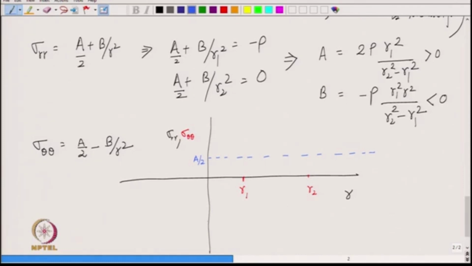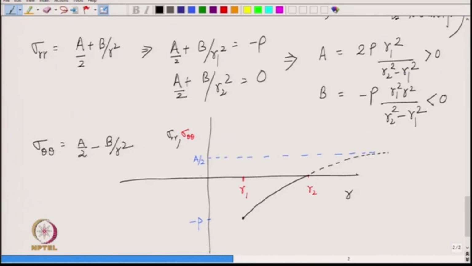So, there will be some point where it will be minus of p, and then your sigma r r starts from minus of p, and at r 2 it has to become equal to 0. So, it is going to be something like this, and outside this it is going to approach this A by 2 line asymptotically.